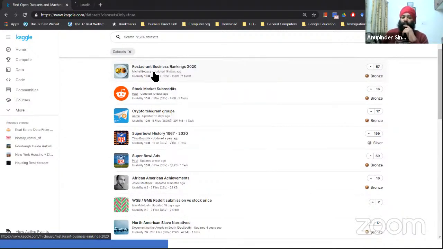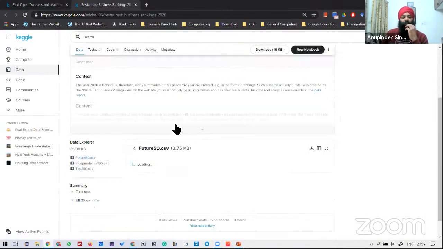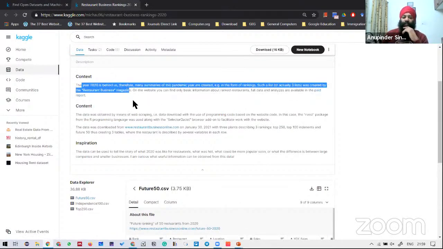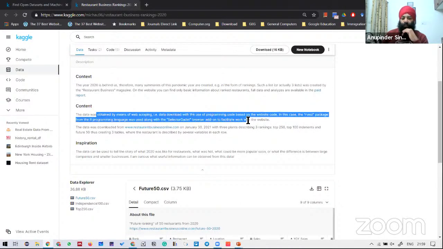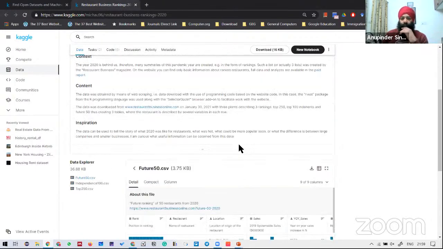So if I open this restaurant business ranking, and go to this data set explanation, you can clearly see the context and the content they have given corresponding to this data set, right? They have also written some inspiration and so on.